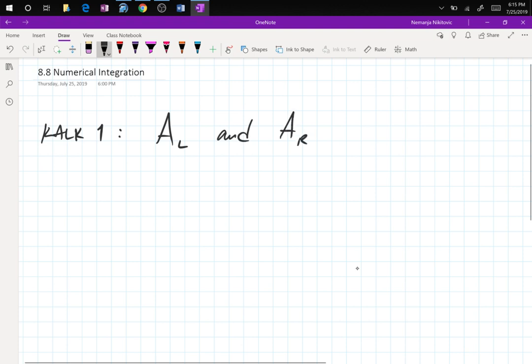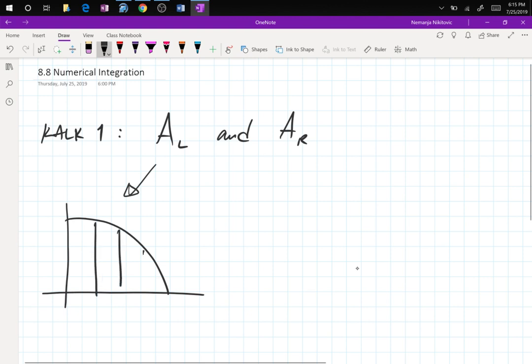So what does this mean? Area at the left was when you had some kind of a function, you cut it down into those rectangles. You label your first one as x0, and then x1, x2, x3, x4, where x0 is a and x4 is b in this case.